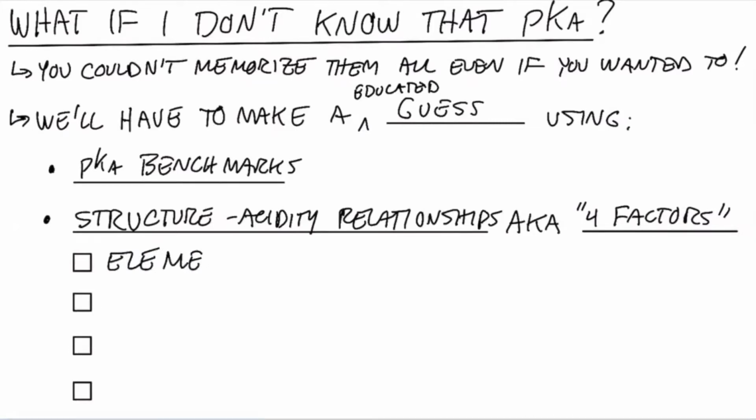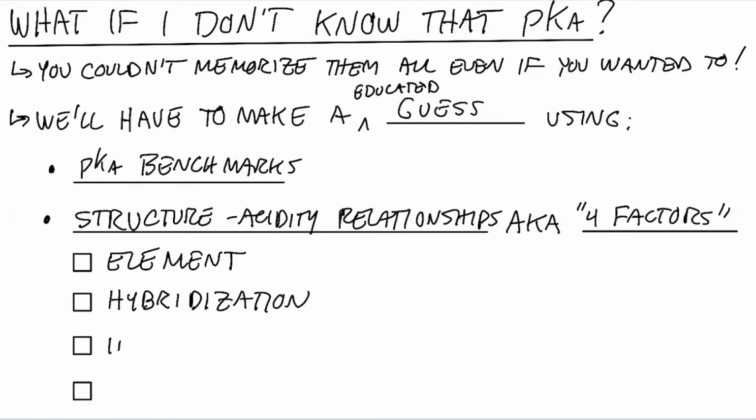So the first factor is different elemental factors. There's a couple of parts to this, but based on the element that you're looking at, we can tell some things about its stability. The second one is hybridization. So what hybridization state an atom is in will definitely have an effect on how acidic it is.